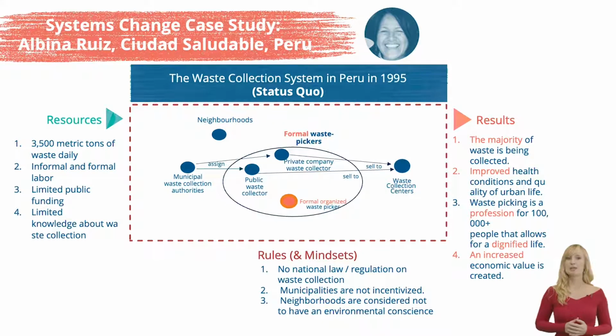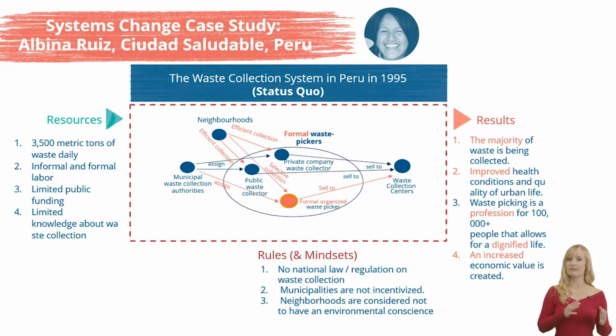For this, she would like to see the relationship changed between the major roles: municipalities in their role as waste collection authorities, waste pickers, as well as neighborhoods. Municipalities consider formalizing informal waste pickers, as well as neighborhoods, a viable market and therefore part of an integrated waste collection system. Neighborhoods recognize and value waste pickers in their official role, leading to an effective, separated waste collection between them.